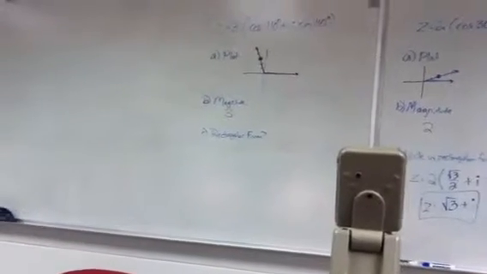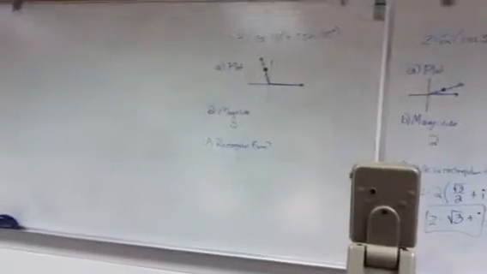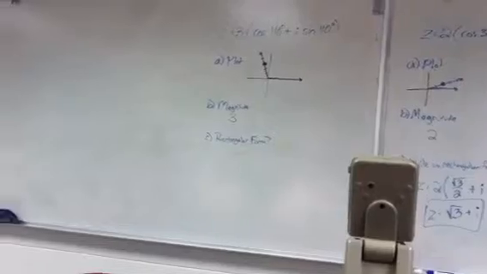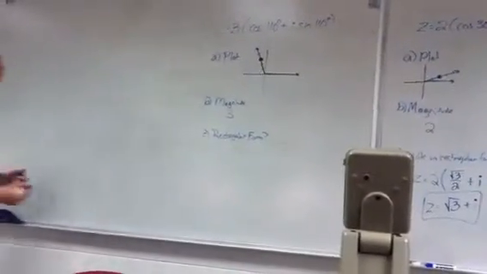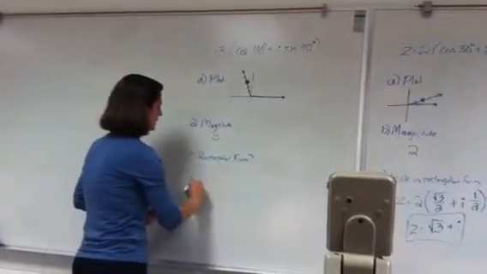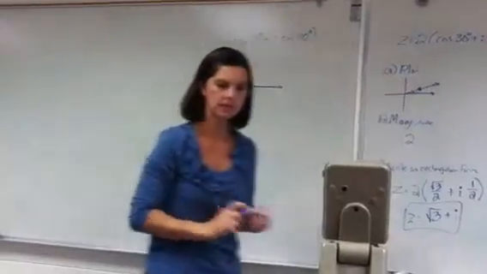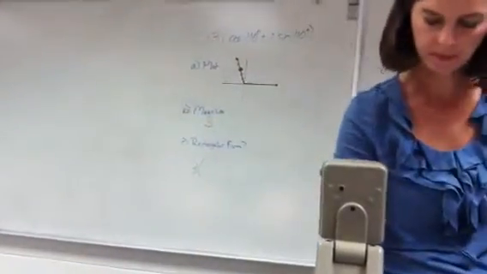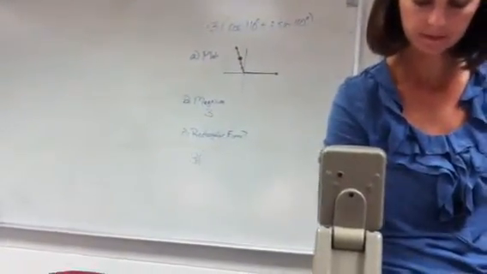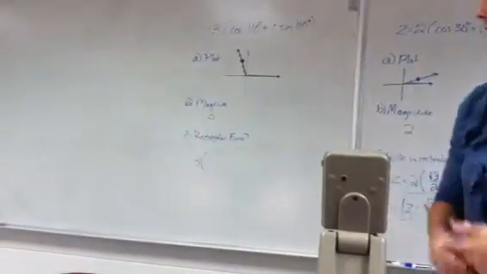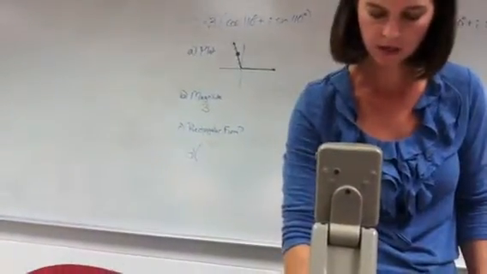All right, so rectangular form, we're basically going to evaluate cosine 110, evaluate sine 110, and then simplify it. All right, so we need to go to degrees here on this one. All right, and do cosine 110.